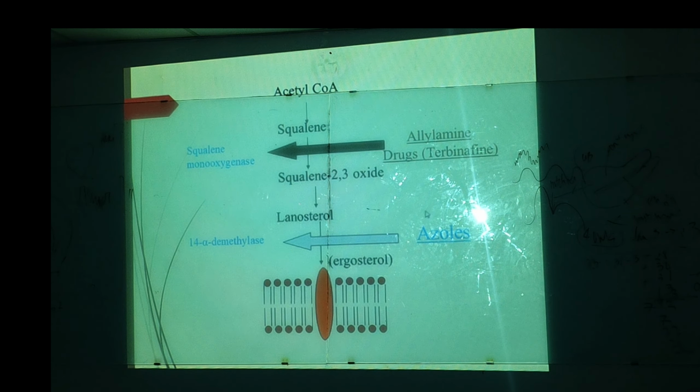While your azoles block this enzyme, the 14-alpha demethylase, which is cytochrome P450 related. So there will be no formation of your ergosterol.